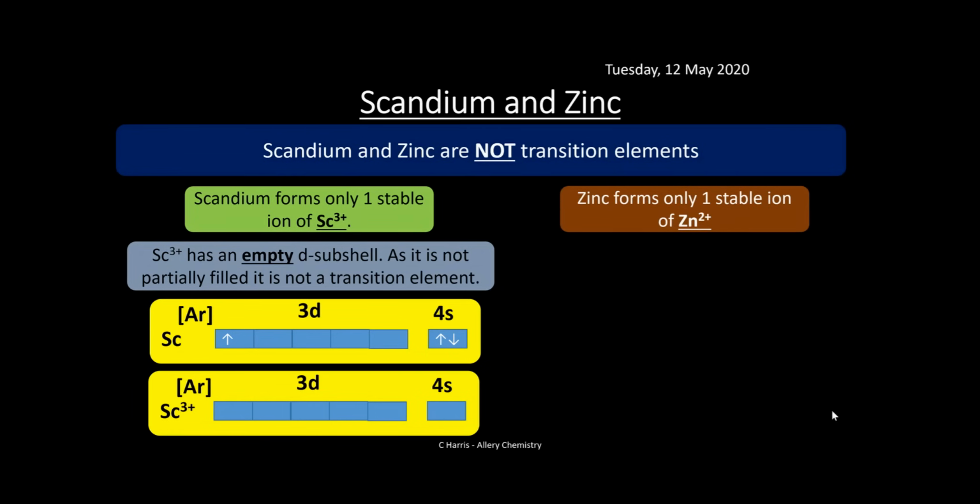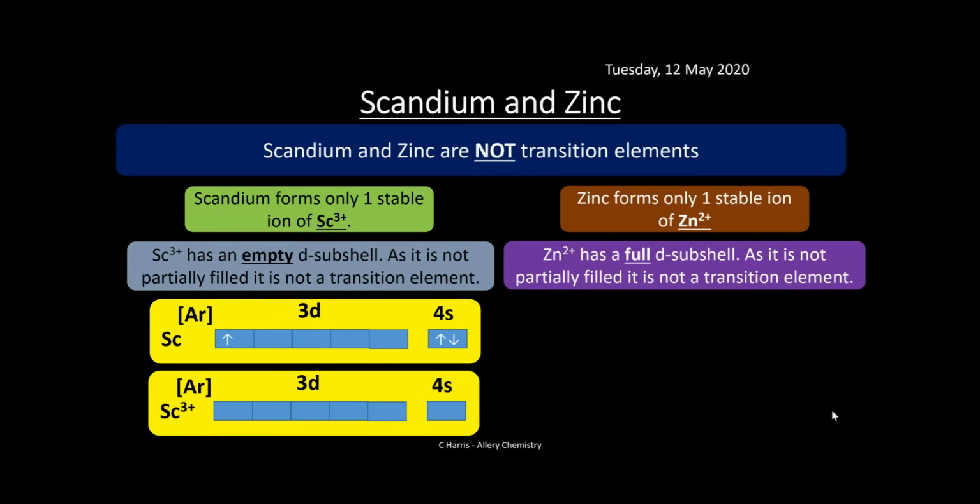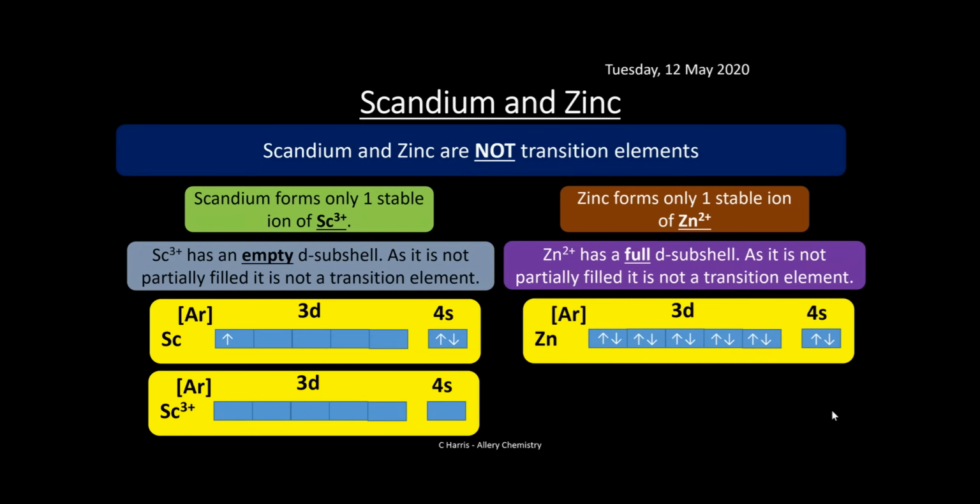And if we do the same for zinc, zinc only forms one stable ion, which is zinc 2+, and zinc 2+ has a full d subshell. And so therefore, because it's not partially filled, it's not a transition element. I must emphasize, it's the ion that we're looking at, not the actual element here. Because you might look at scandium and say, well, hang on, scandium's got a partially filled d subshell.